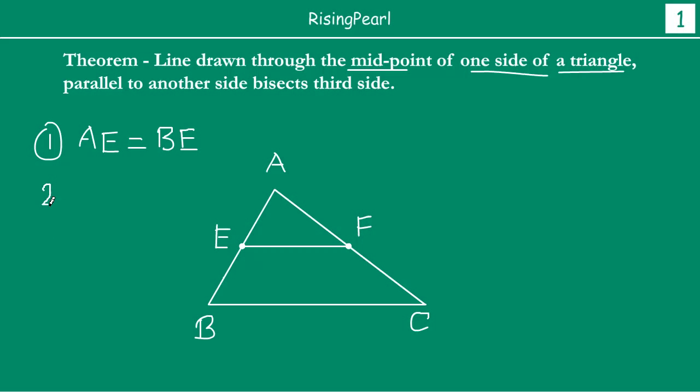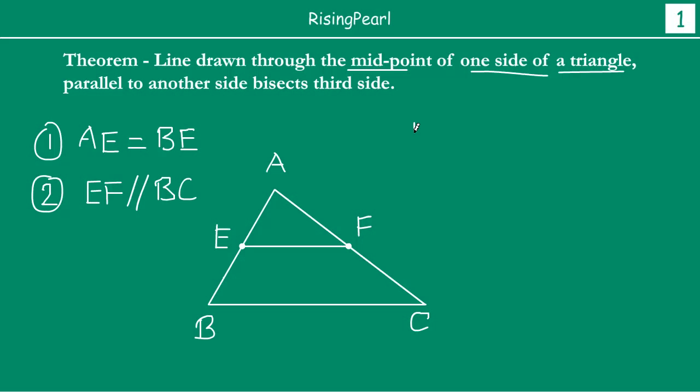The second thing that is given is that this line EF is parallel to BC, because we have drawn this line in such a fashion that it is parallel to BC.